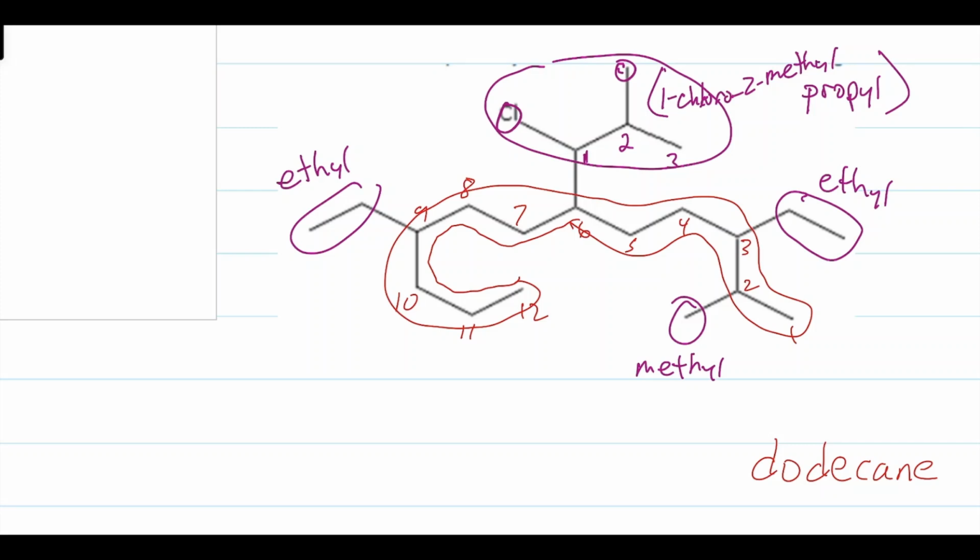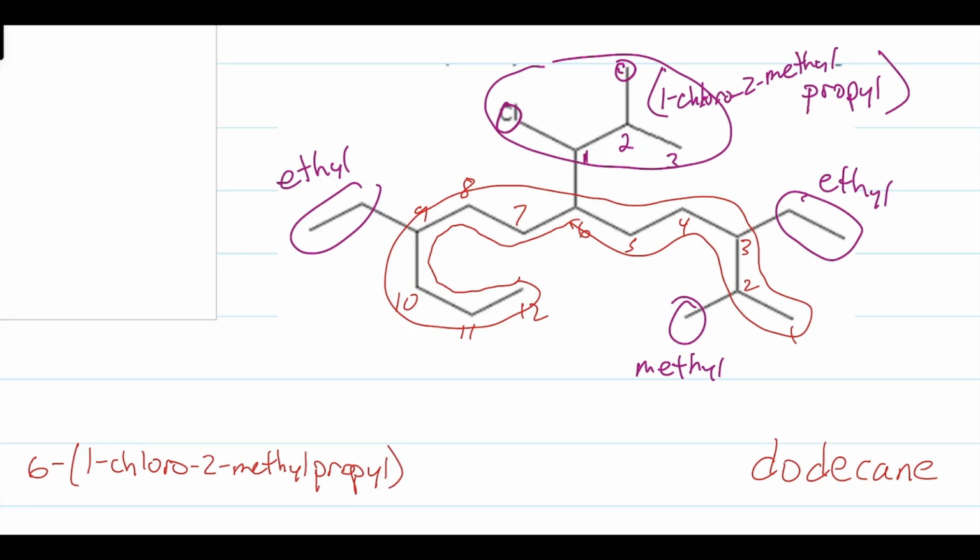Now on the longer chain, this group, this 1-chloro-2-methylpropyl group, is hanging off of the 6th position. So if I start way over here on the left, we have in the 6th position this 1-chloro-2-methylpropyl group.